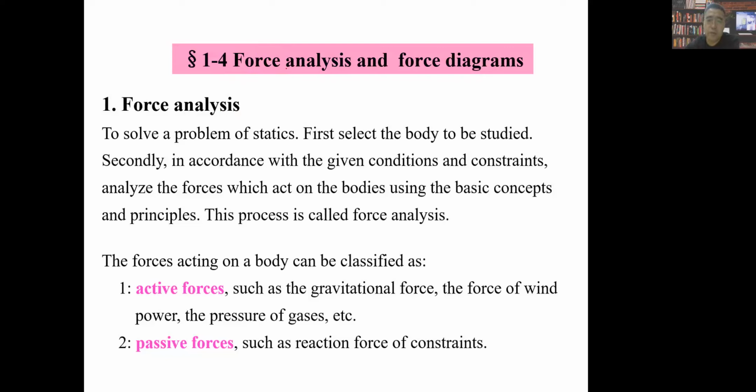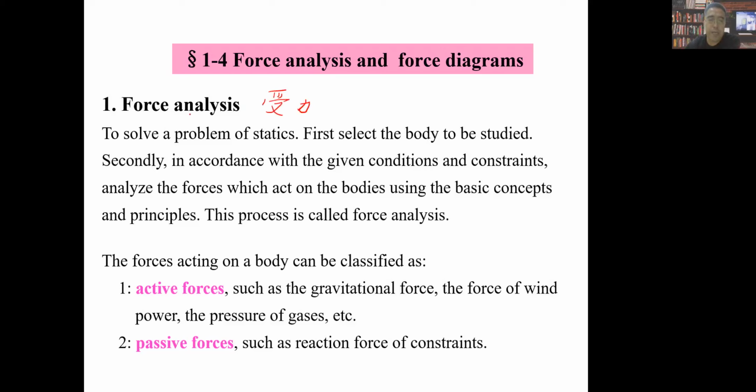And when we do this force analysis, then we will use some equilibrium conditions to give some equilibrium equations, and then we can use some calculation to find the real magnitude and direction of all kinds of reaction forces, right? So first, let us talk about the force analysis. What is the force analysis? So in China, we always call that 受力分析.